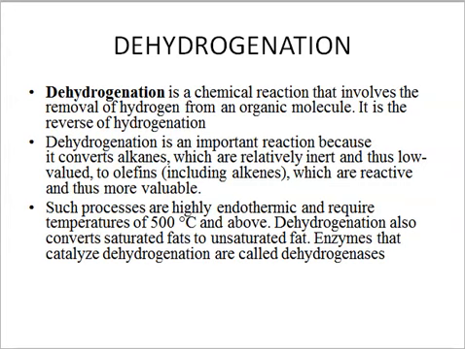Alkanes are of very little use to us, but alkenes are more valuable from a synthetic chemistry point of view. Normally, to carry out dehydrogenation reactions we have to use high energy, normally in the form of heat. We require temperatures of 500 and above and high pressures as well.